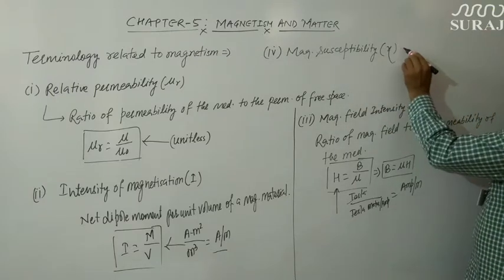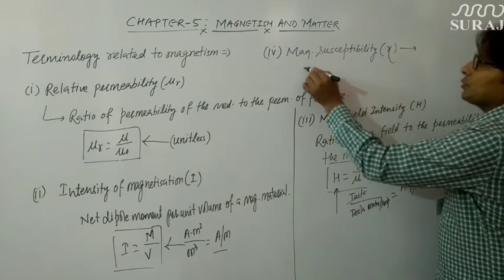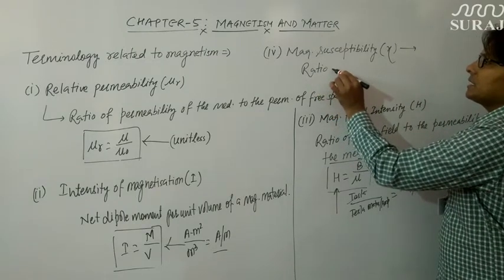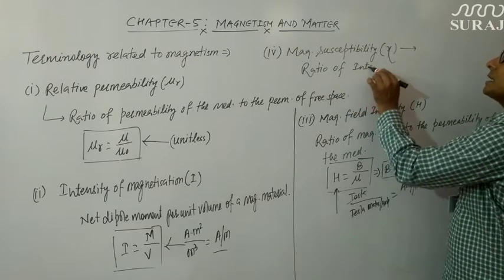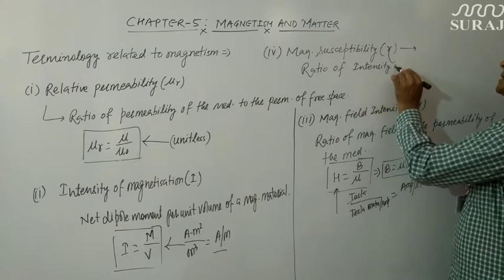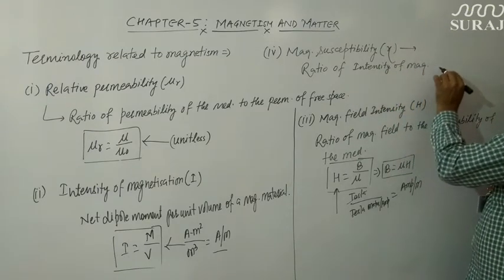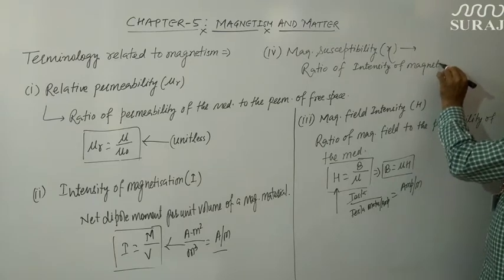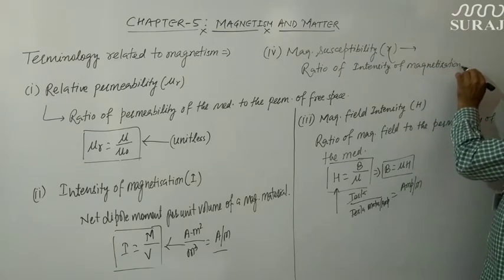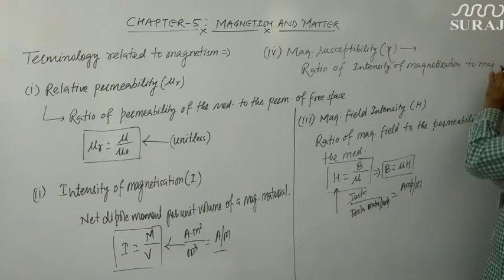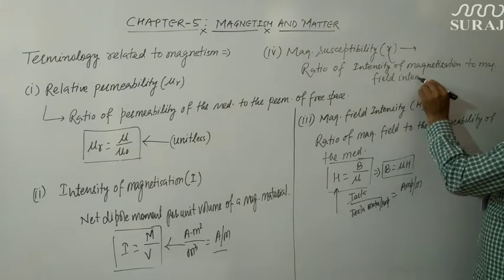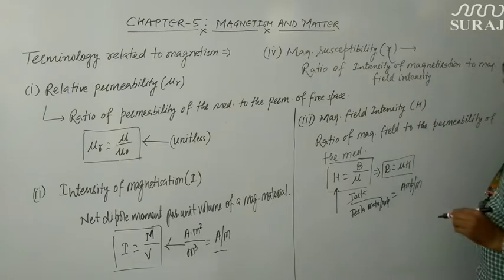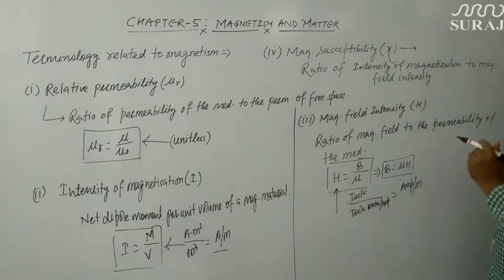Magnetic susceptibility can be defined as the ratio of intensity of magnetization to the magnetic field intensity. How will you define magnetic susceptibility? It is the ratio of intensity of magnetization to the magnetic field intensity.